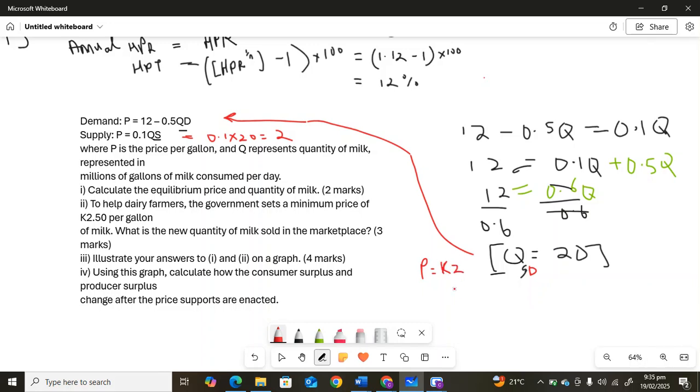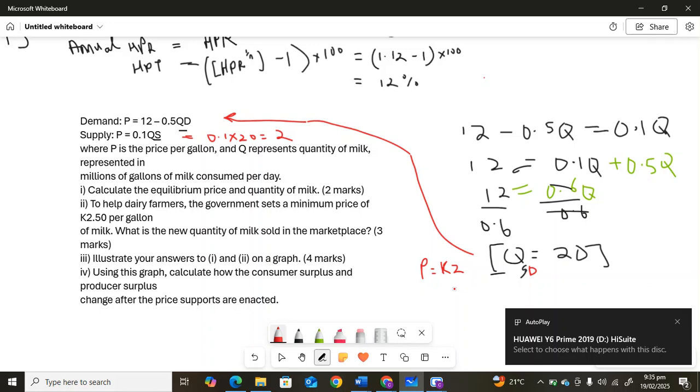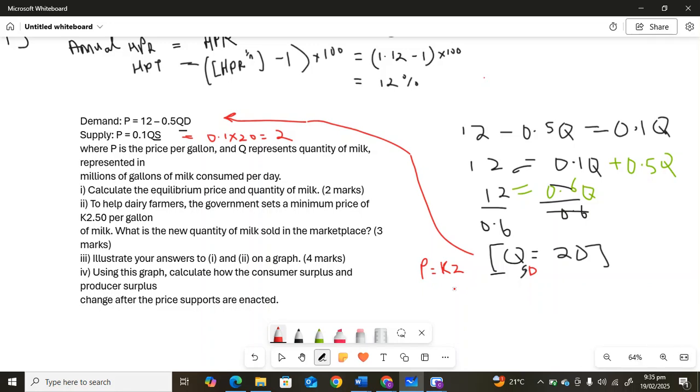Are we okay with this? Any questions? The equilibrium quantity is the quantity demanded, also the quantity supplied, since they're both equal at equilibrium. So we found the quantity, yes.